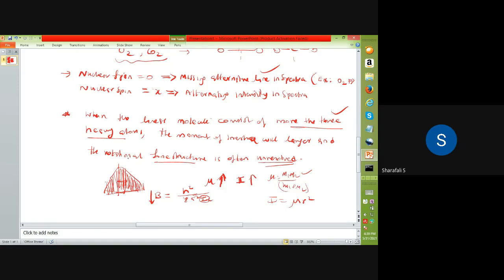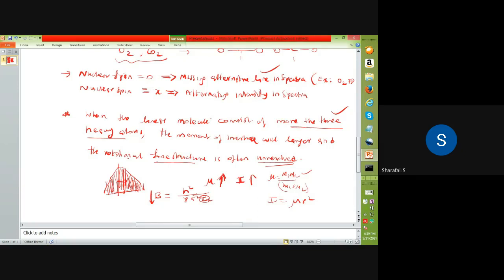It means individual lines cannot be observed, and the spectrum becomes continuous for molecules with more than 3 heavy atoms.